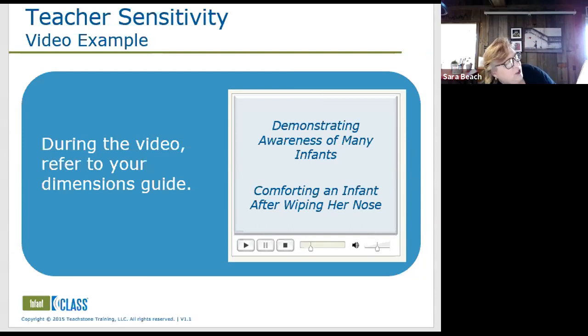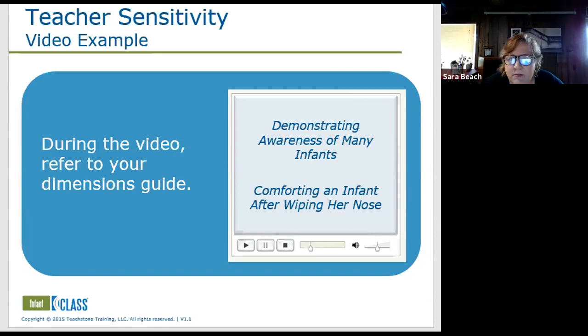Teachers regularly shift response styles in ways that are consistent with the different needs of the different babies. And a little farther down, it says, if an infant is having difficulty, teachers respond in a soothing, understanding, and individualized way.